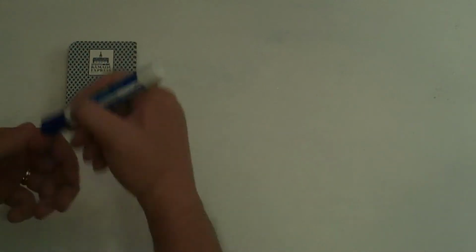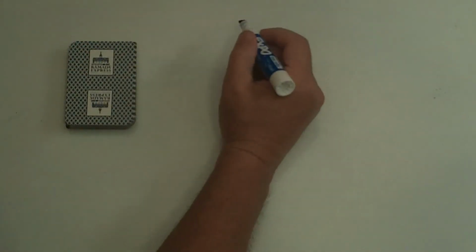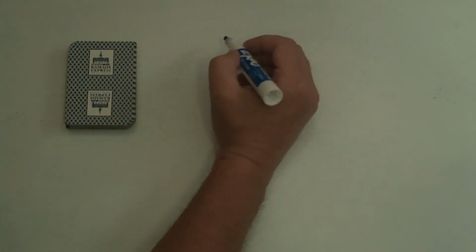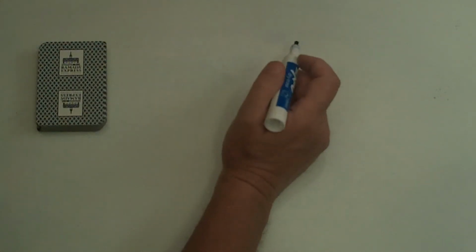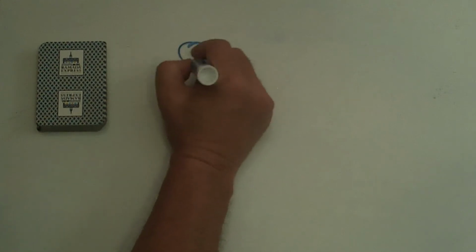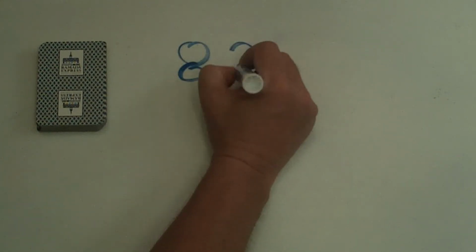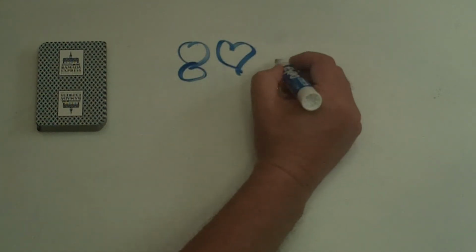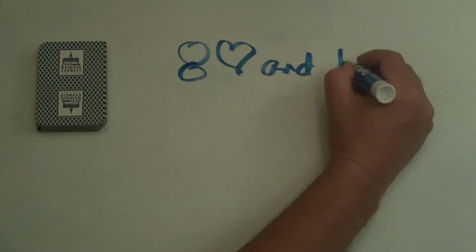Shuffling the deck. What would be the probability that without replacing the card that I draw first, that I will draw an 8 of hearts followed by a black card?